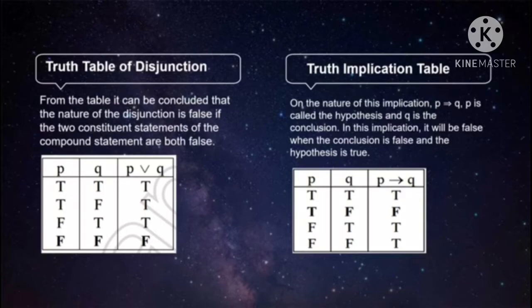And number 6, implication table. On the nature of this implication, if P then Q, P is called the hypothesis and Q is the conclusion. In this implication, it will be false when the conclusion is false and the hypothesis is true.